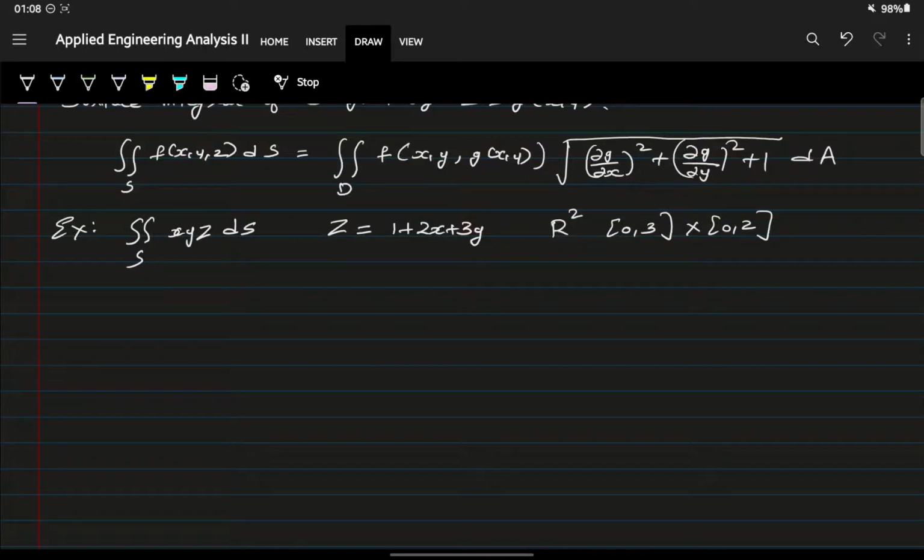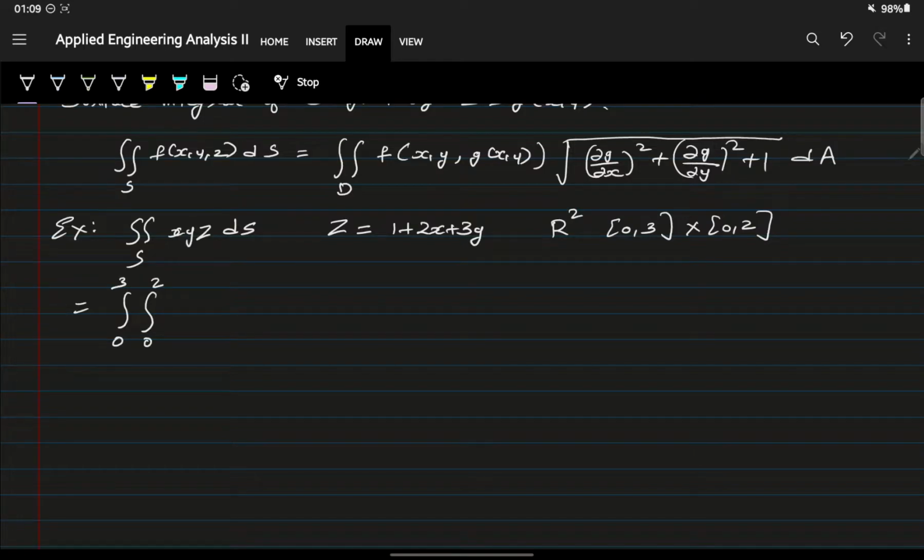Here we are given the plane equation and the limits, and we need to find the surface integral. So we can directly proceed. We have the RHS format, and we can use the two intervals, 0 to 3 and 0 to 2.